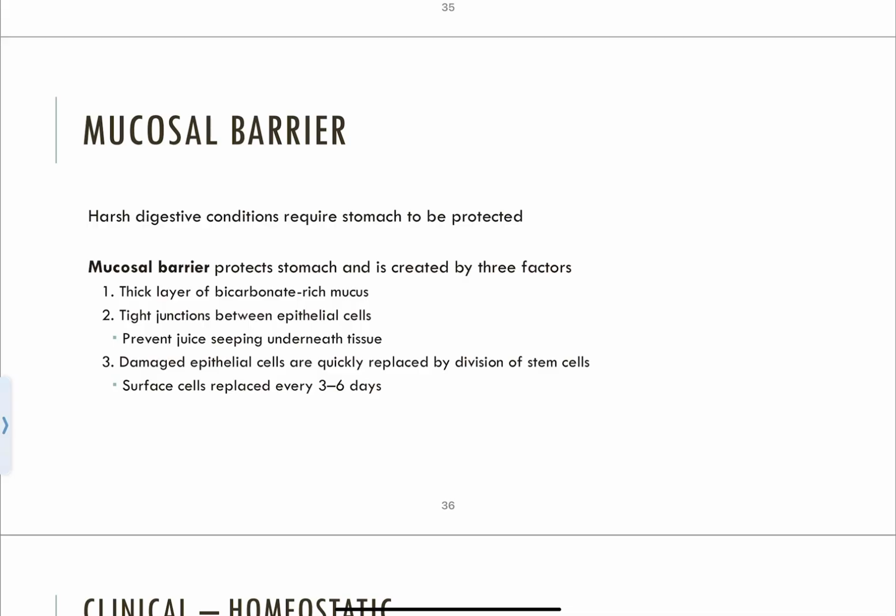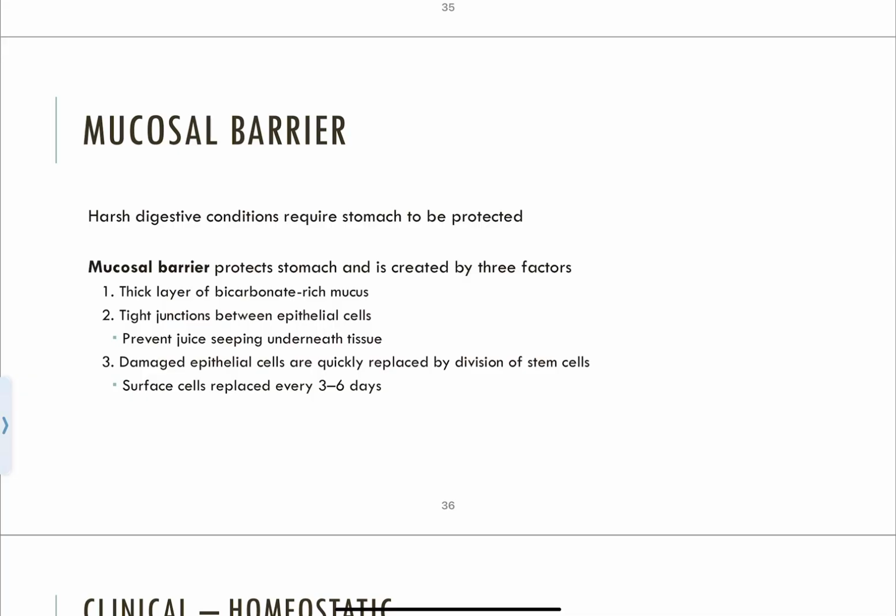Okay, a little more on the mucosa. The stomach mucosa is exposed to really harsh conditions because of the high acidity. We have a high hydrogen ion concentration in the stomach, almost 100,000 times higher than we find in our blood.